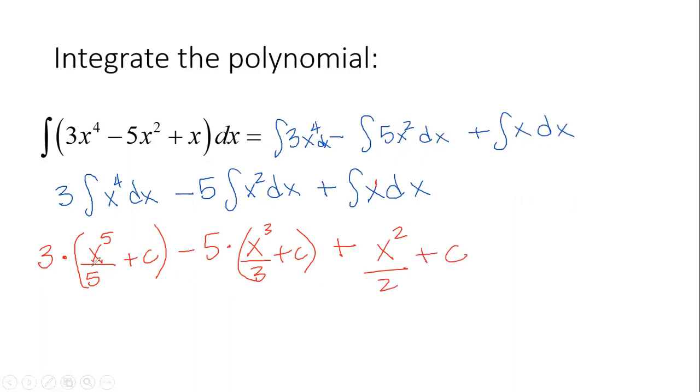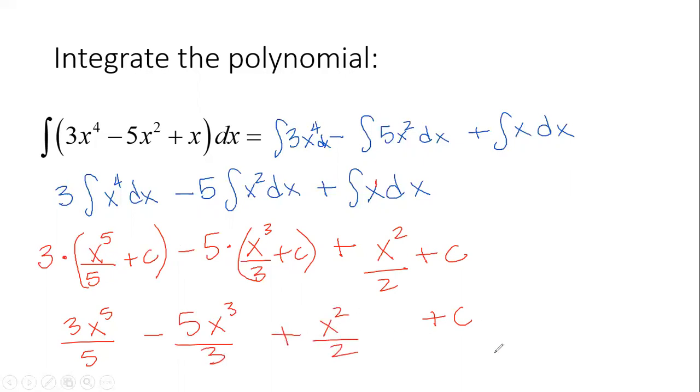Okay, so we're going to distribute and combine our like terms. I'm not going to worry about the c's because we're just going to have one c at the end. So I have 3x to the 5th over 5 minus 5x cubed over 3 plus x squared over 2 plus c.